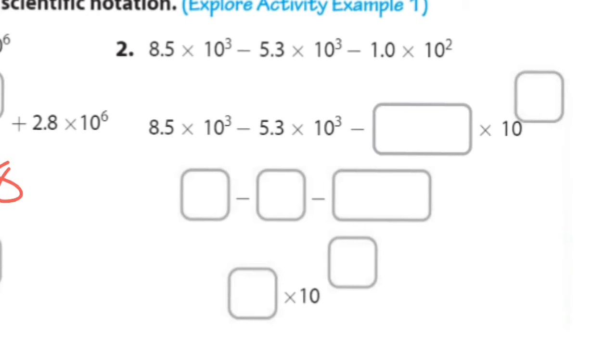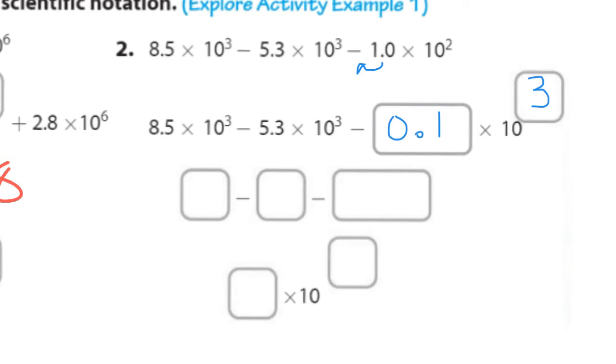Okay, problem number 2. This one is subtraction. So I have a 3, and a 2. I want to make this into a 3. So I want that to be a 3, so then it matches everything. Move one space over with your decimal point, and that'll make it 1/10.